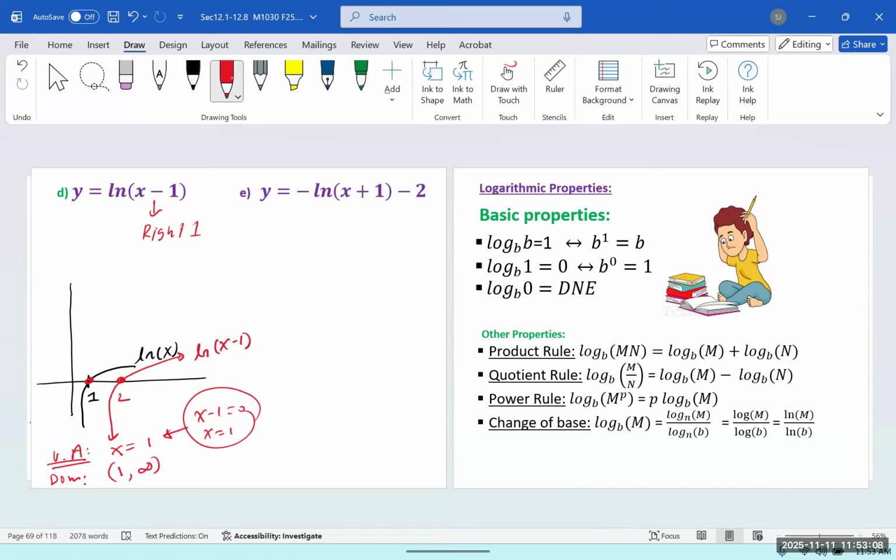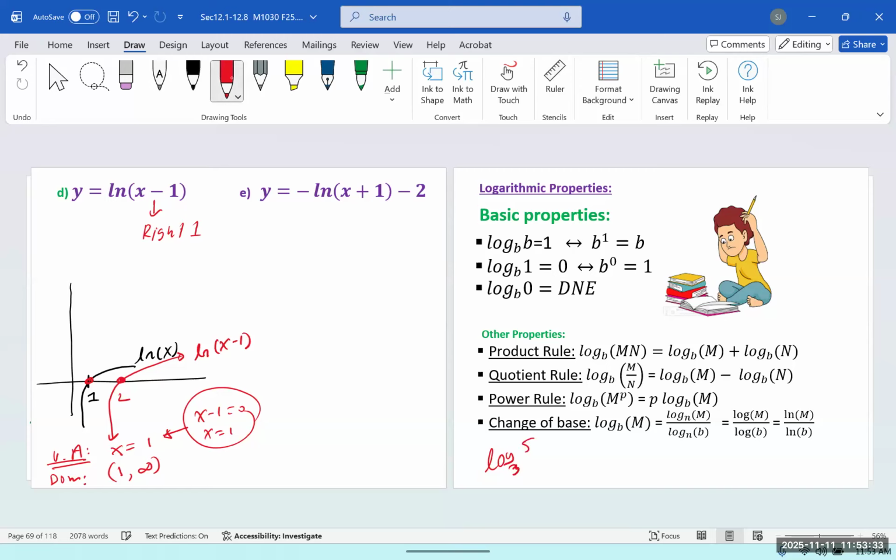How does change of base work? If you observe your calculator, the log you have in the calculator doesn't have any base. But if you do have a base to work with, that is so cool. Let's say they're asking, tell us what is log base 3 of 5.